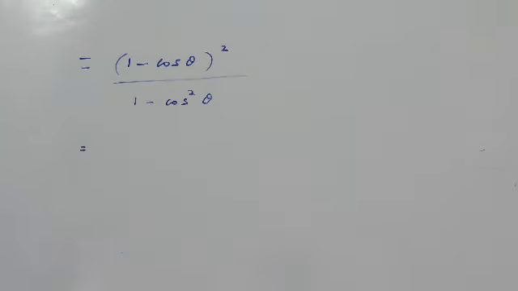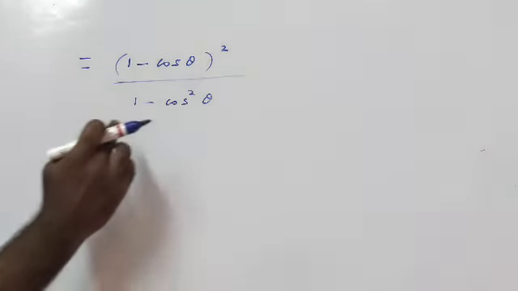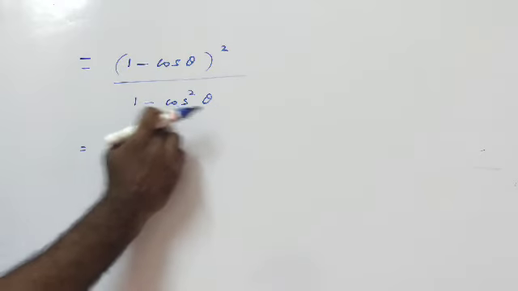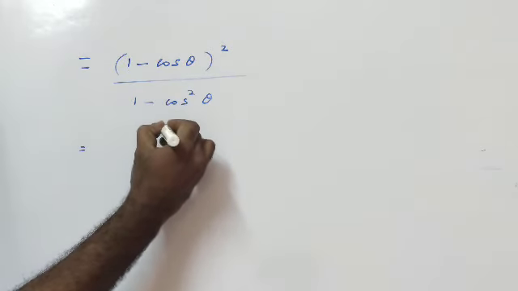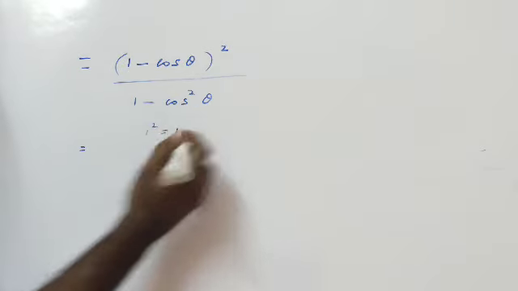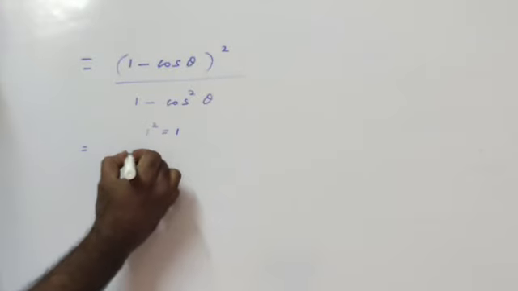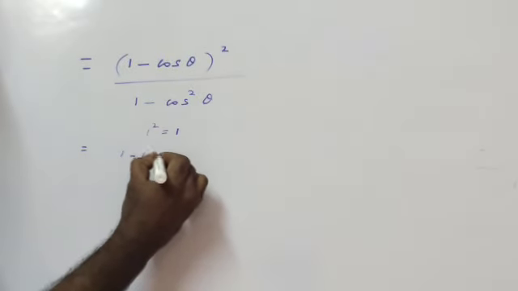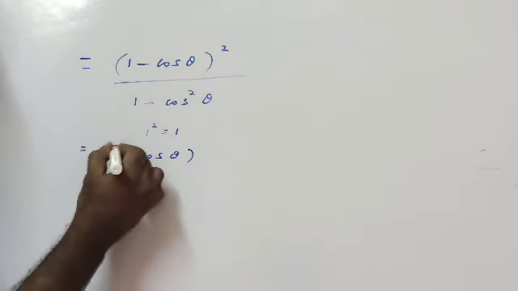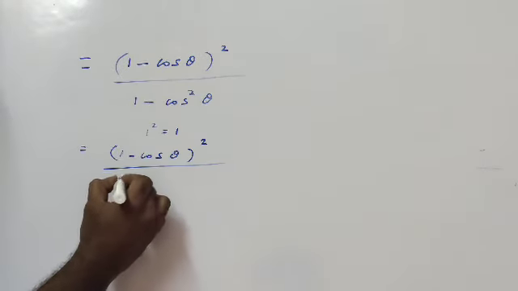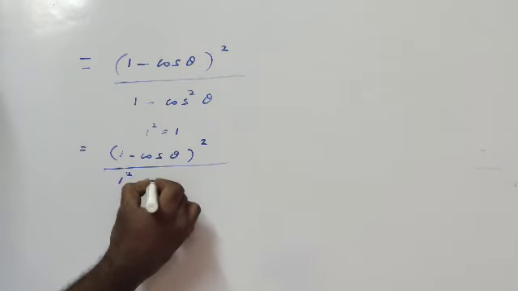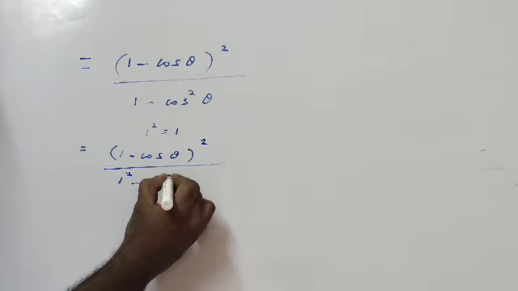In the denominator, sin square theta. For sin square theta, I write here 1 minus cos square theta. 1 square is equal to 1. So write here 1 minus cos theta whole square in the numerator. Then in the denominator, write 1 square minus cos square theta.